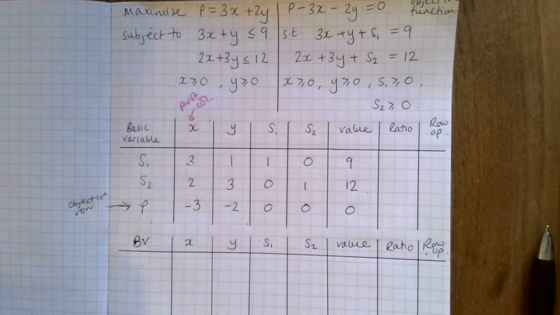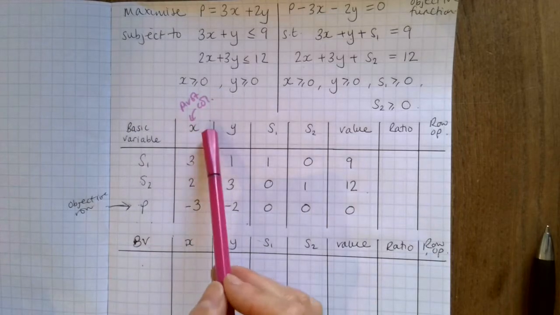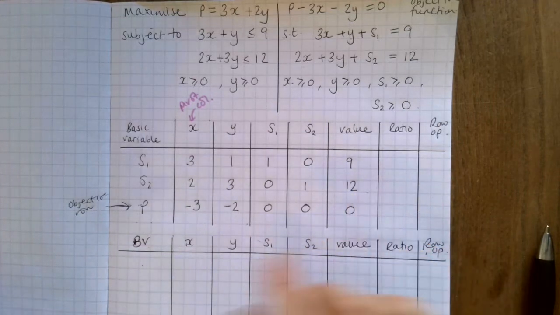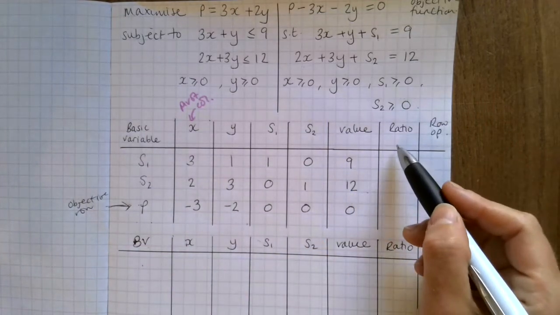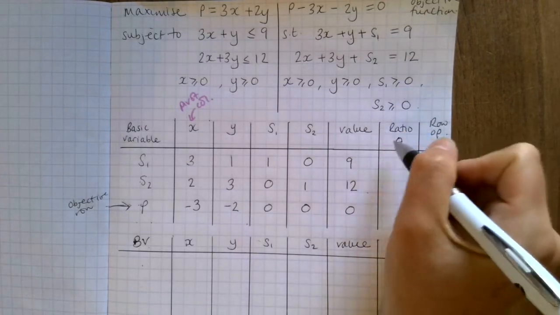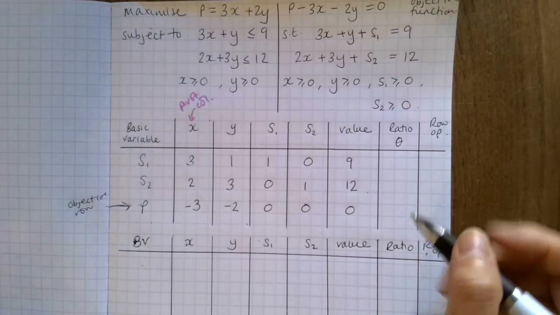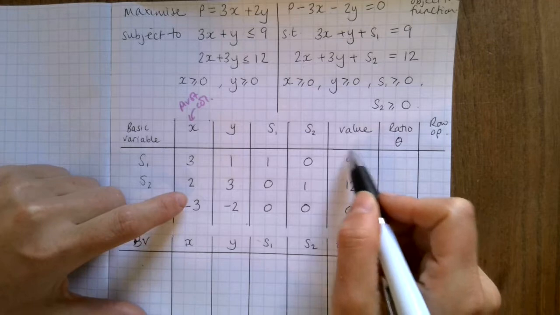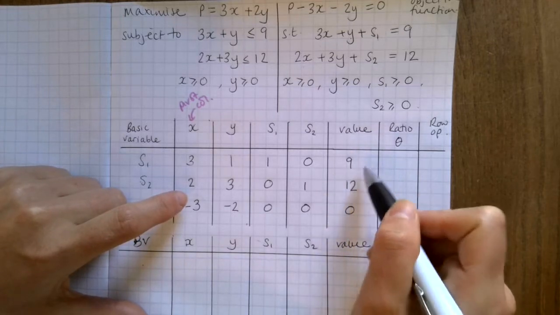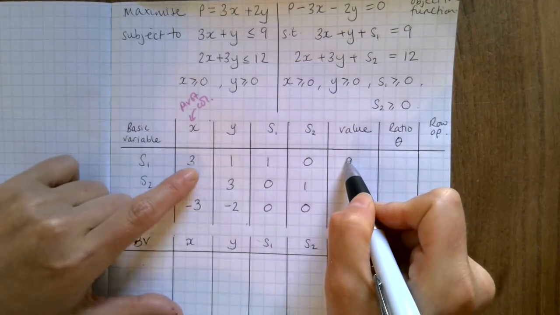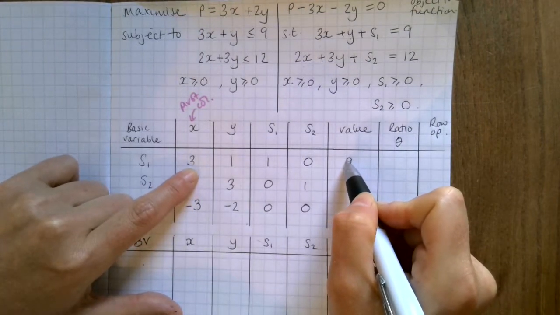In order to work out which of these 3 numbers is our pivot element, we need to work out a ratio. So that's what this column is for. The ratio is sometimes called theta, it doesn't matter which you use. To work out the ratios, you take the right-hand value from each of the equations, divided by the number in the pivot column.